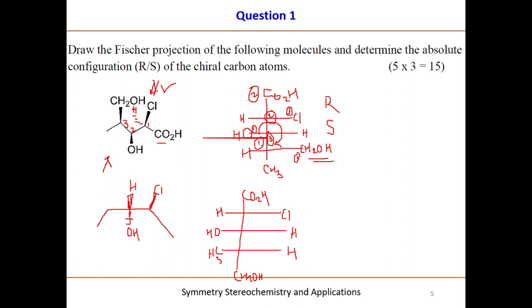Then the second priority will be given to the whole group, and the third one will be given to this methyl group. So 1, 2, 3, it will move in the counterclockwise direction. That means it is S, but because the hydrogen is present on the horizontal line, it will become R. So the configuration is RSR.